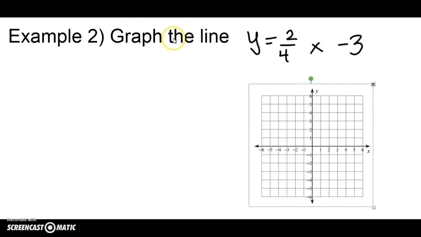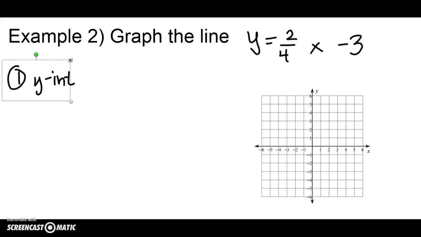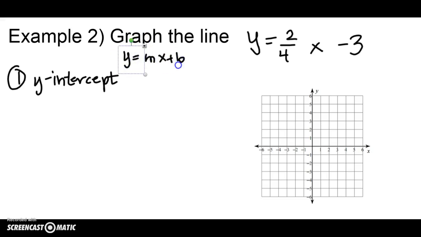Now that we're able to identify the slope and the y-intercept, we're going to go ahead and graph this line, y equals 2/4 x minus 3. The very first thing that we want to graph is our y-intercept. We can think of this as our starting point. So, if my slope-intercept form is y equals mx plus b, and b is my y-intercept, that means that negative 3 is my y-intercept.